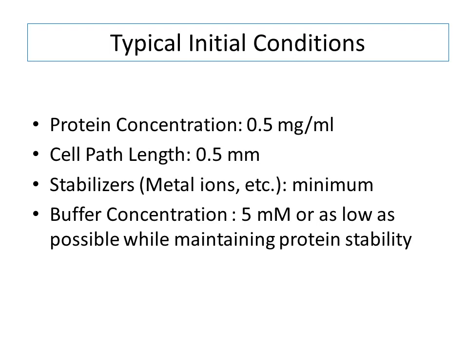The cell path length is 0.5 millimeters. Stabilizers are kept to a minimum, and the buffer concentration is 5 millimolar, which is 5 by 10 to the minus 3 molar, or as low as possible while maintaining protein stability.